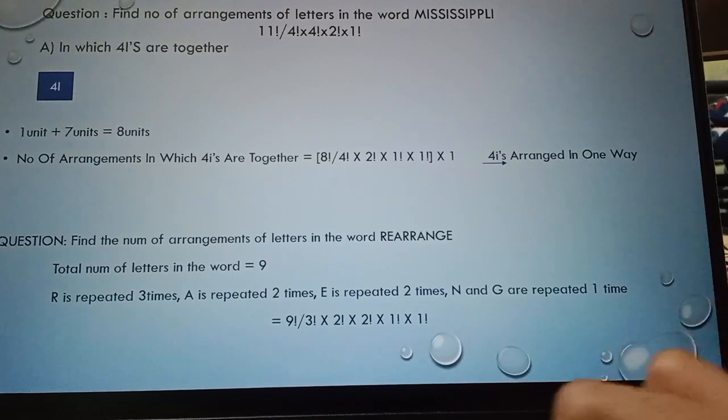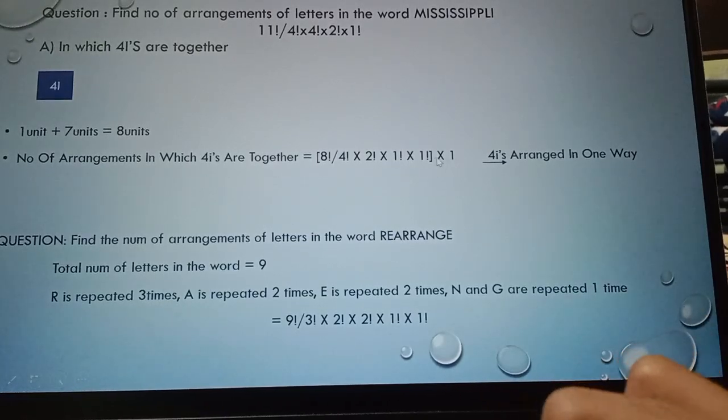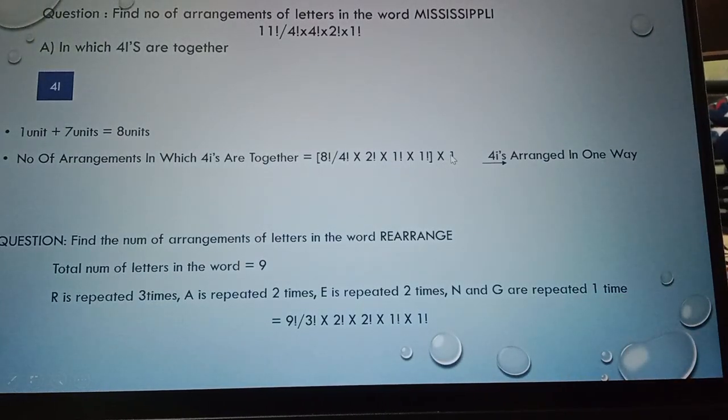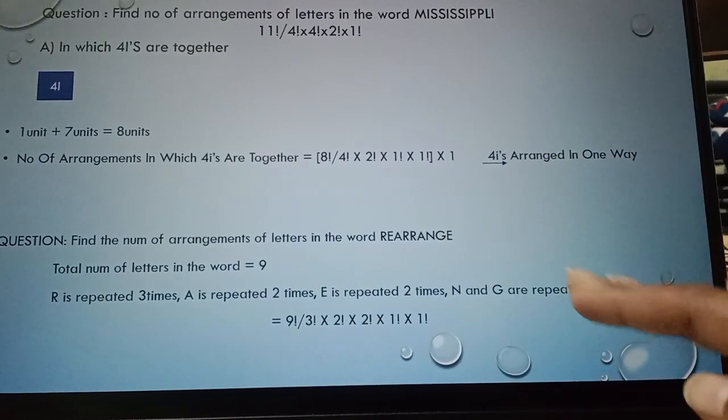And why did we put the extra into 1? That might be the doubt. The reason is that all these 4 I's are arranged in one way, so that is into 1. In this way we conclude this problem.